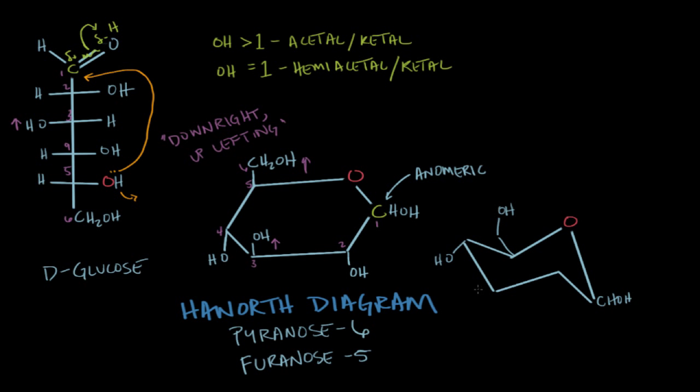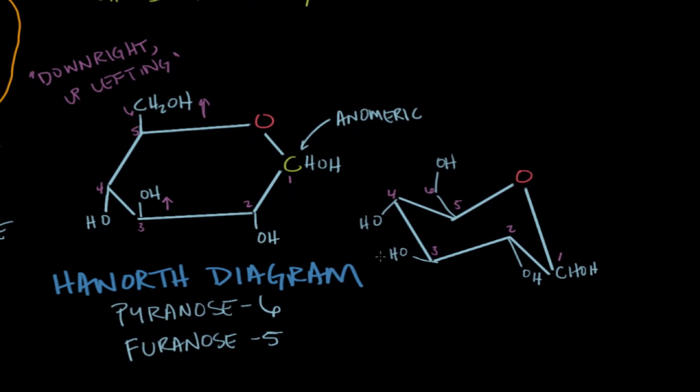So let me keep filling in the substituents here, and I'll number them off again so you can see that there's some consistency here. So we've got 1, 2, 3, 4, 5, 6, and again this 3 carbon right here is the only one with the hydroxyl group pointing up. And I better change the color of our 1 carbon to keep that consistent as well.